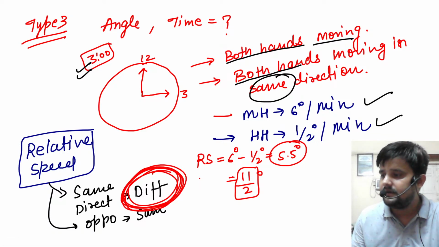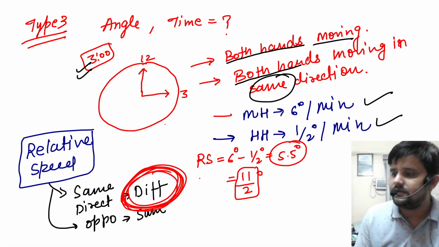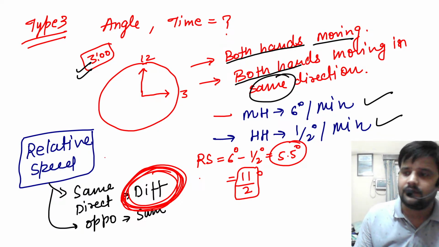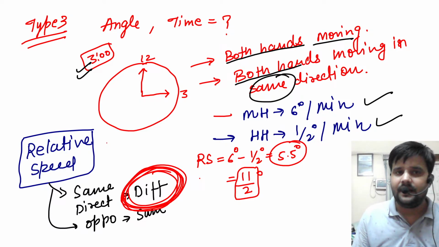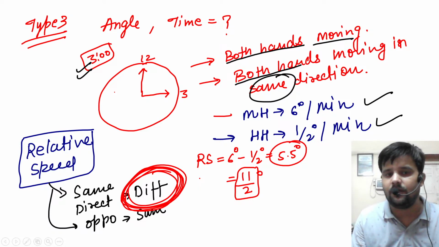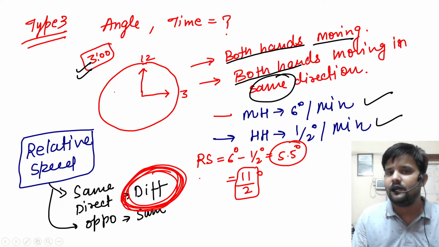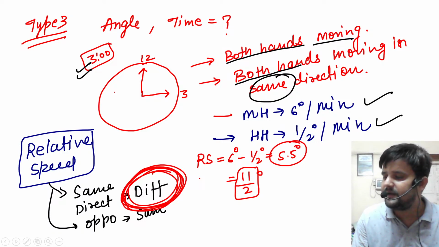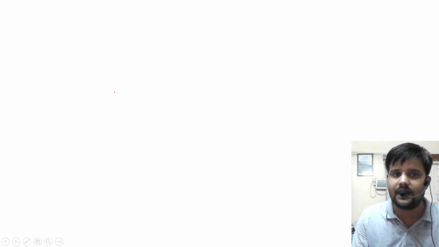All right, let's answer this question. I'm writing another question. It's an incomplete one. Just remember the concept here: both hands are moving, both in the same direction, minute hand 6 degree, hour hand half degree, relative speed is 5.5 degree. Just remember it and answer the next question.